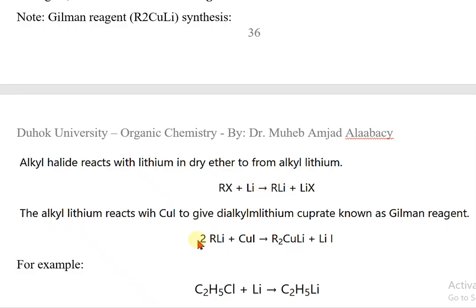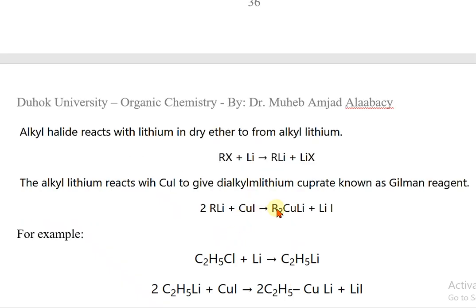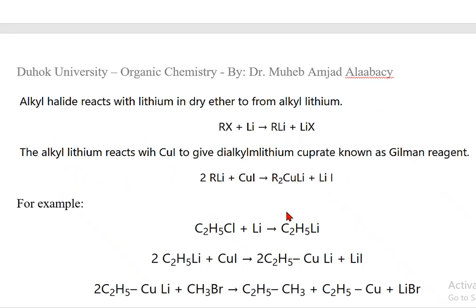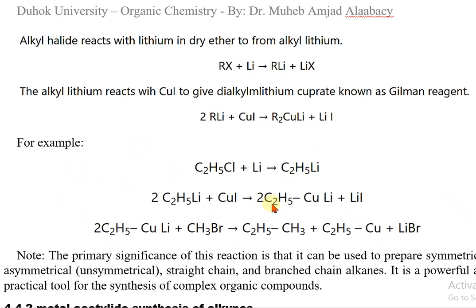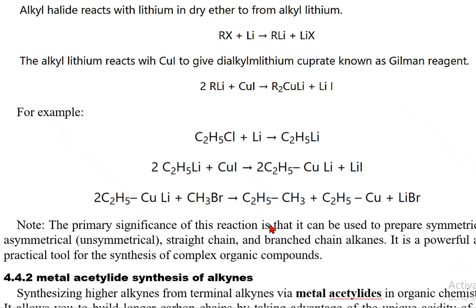Secondly, alkyl lithium will react with copper iodide to give you Gilman reagent. And now Gilman reagent is ready to react with the alkyl halide to produce the new carbon-carbon bond. So this is the Gilman reagent. It will react with alkyl halide to produce a bigger structure or a more complex organic compound.